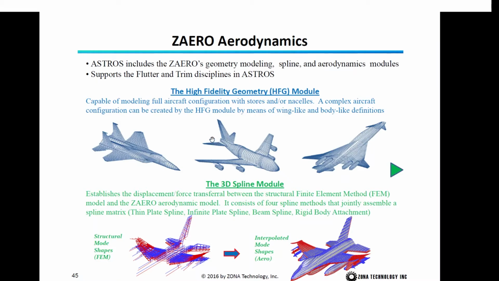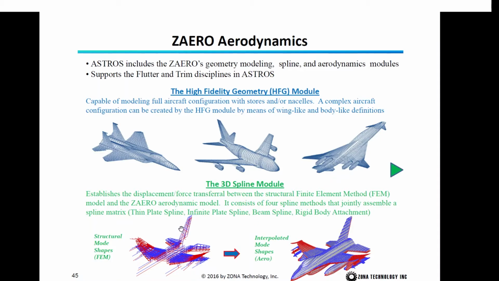ASTROS includes the geometry modeling, spline, and aerodynamic modules, and supports the flutter and trim disciplines. So we use the so-called CAERO7, BODY7, to model a whole aircraft, with the underwing engine nacelle.